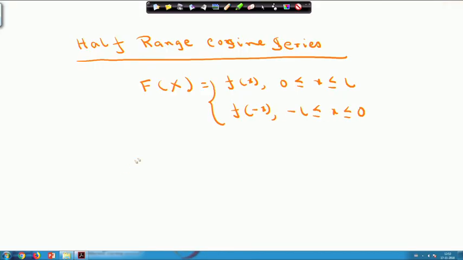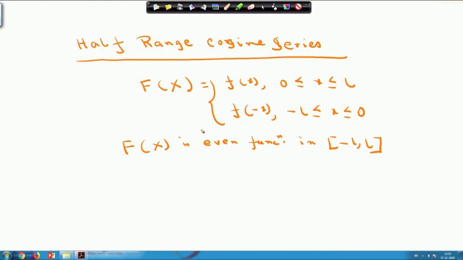So that capital F(x) is an even function in -L to L. We are redefining the function capital F(x), which is equal to f(x) in 0 to L, and f(-x) in -L to 0.